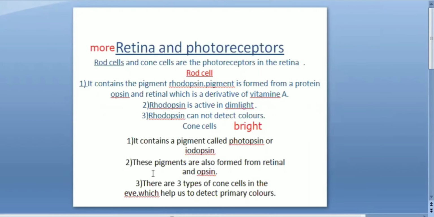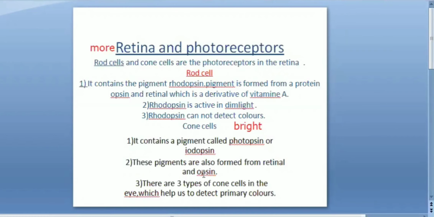Then it also consists of retinal and opsin. Actually, the pigment present in the cone cell is known by two names, photopsin and iodopsin. These are also made up of retinal and opsin. Opsin is a protein molecule and retinal is derived from vitamin A.